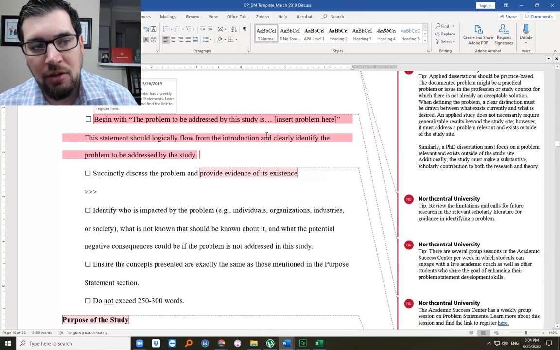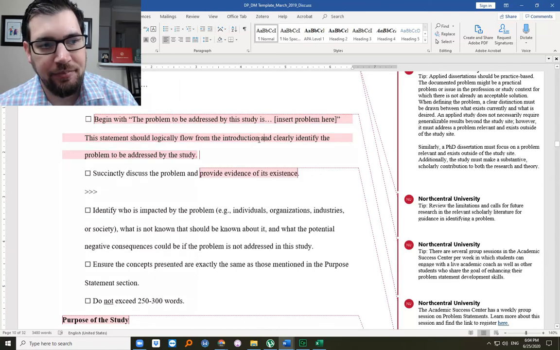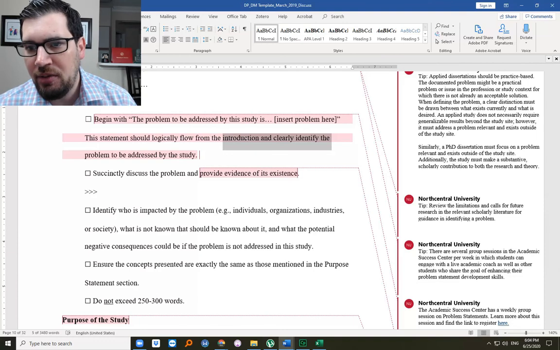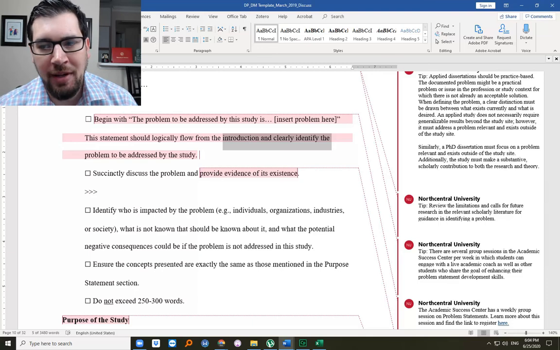And so you're leading up to this, and then you're clearly identifying. One thing to also note, make sure that you present one clear, concise issue to be addressed rather than two or more. The problem is shoes and head coverings.